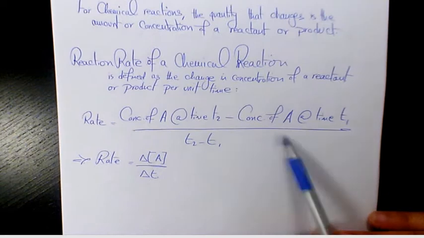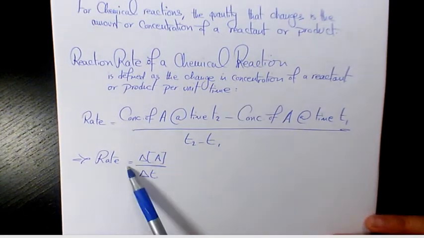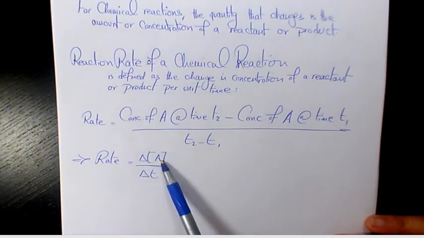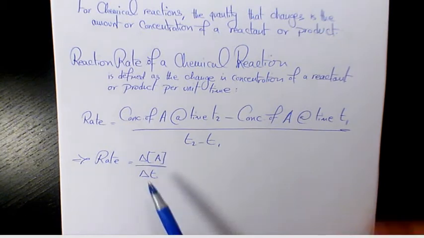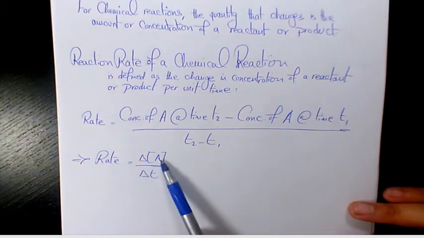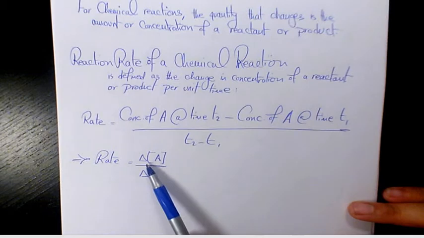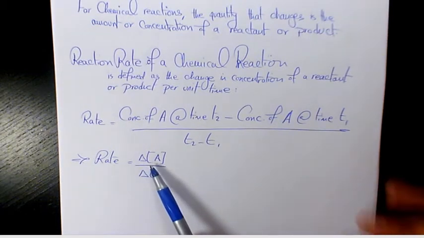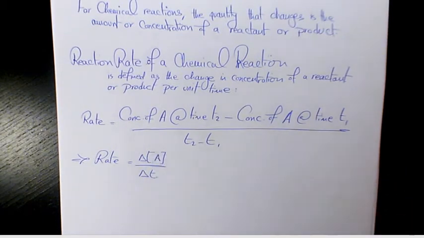So if we summarize it, rate equals the change in concentration of A divided by change in time. Delta T is change in time, and delta concentration of A is change in concentration. And if we put it in brackets, it means that we are dealing with molar concentration.